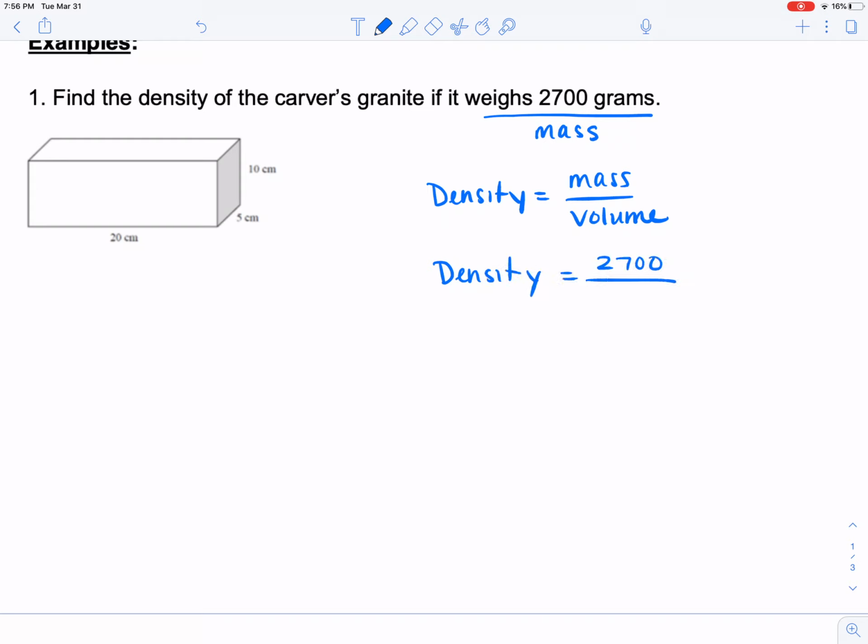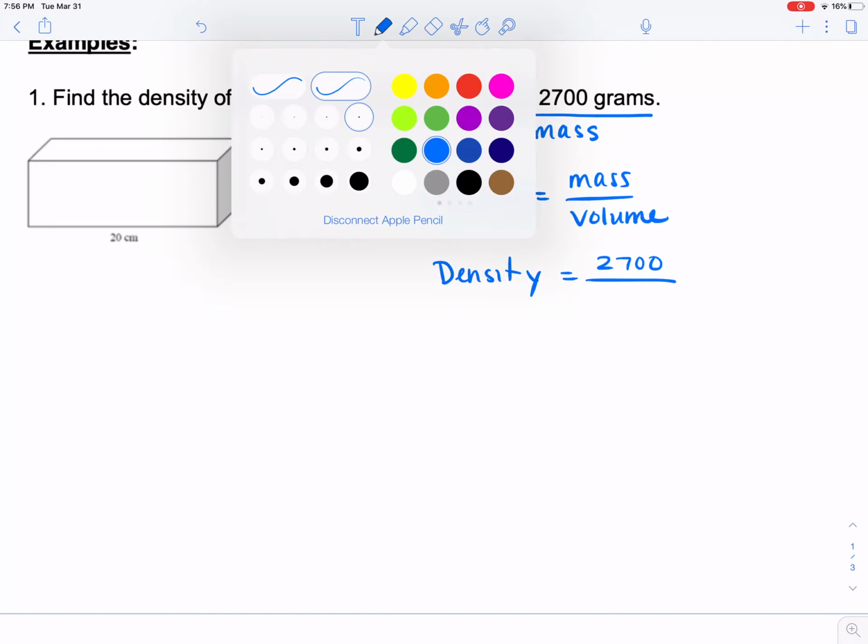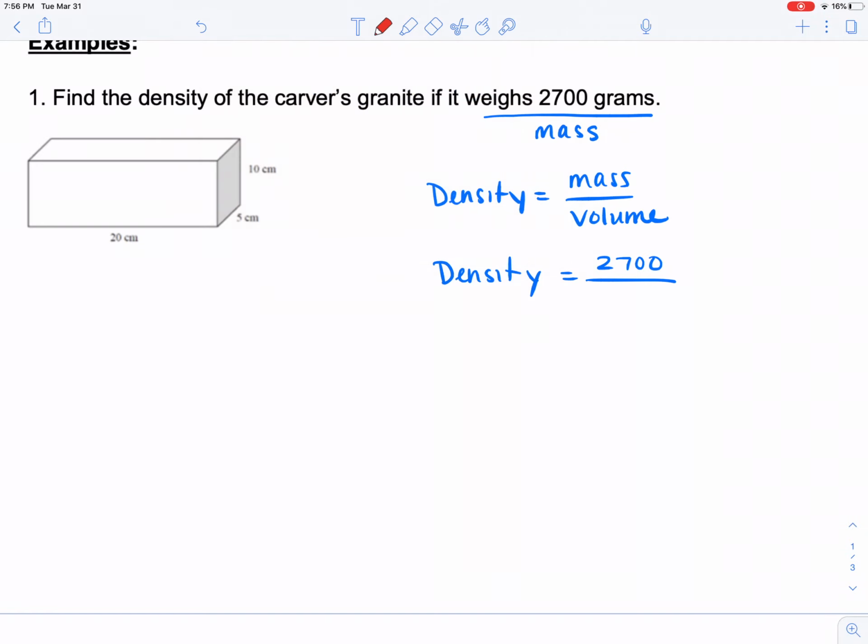For volume, that wasn't given to us. So off to the side, I'm going to show my work for getting the volume of the prism. Since it's a prism, it's the big B times H. The big B is just length times width because in this case it's a rectangle. The length and the width of the base is 20 by 5.